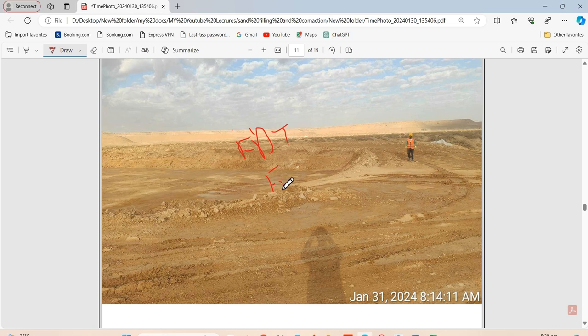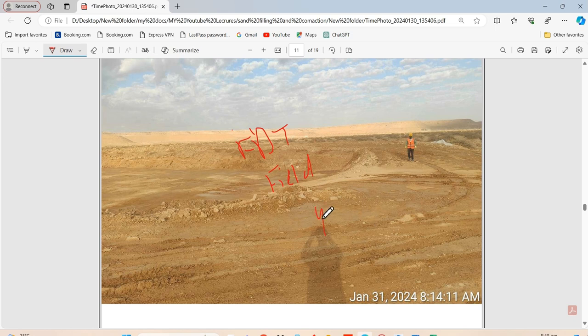FDT stands for field density test. As all civil engineers are well versed with this term, field density test. Sorry for my writing. In this test, after we applied a nuclear gauge, our compaction should be minimum 95%.